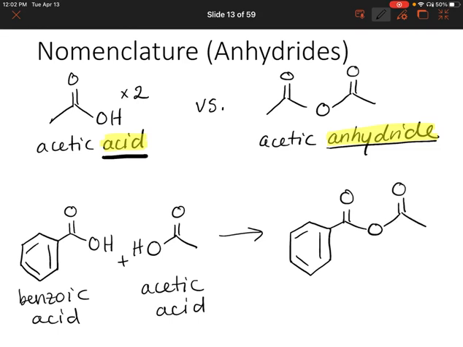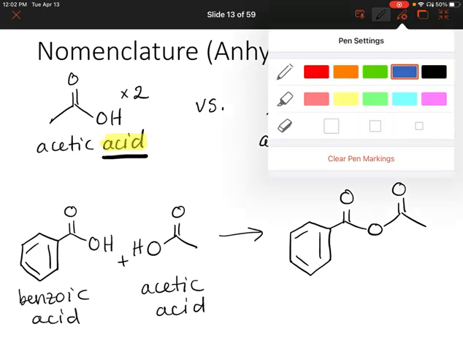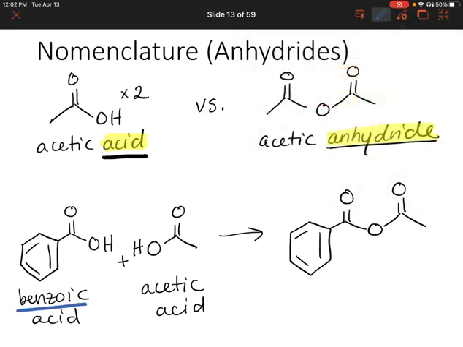Well, this is pretty similar to how we would name an ether. So we would name both sides of the molecule surrounding that central oxygen there, and then we would just end it with anhydride in this case. So it looks like we have benzoic and acetic as the 2 different sides of our molecule.